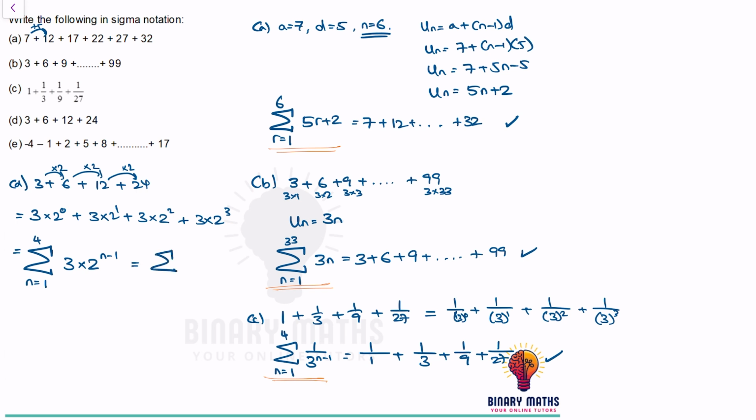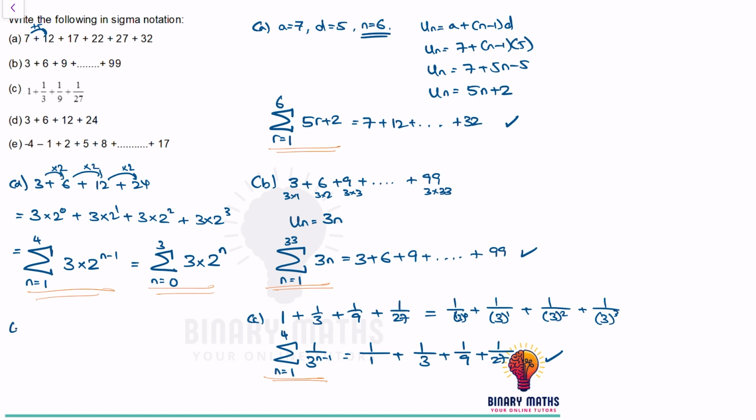Same thing as writing 3 times 2 to the power of n, where n goes from 0 to 3. Because then I get 3 times 2 to the power of 0, which is the same thing as the first term. And the last term will be 3 times 2 to the power of 3, which is the last term. So it's the same thing. So if you adjust the expression, you have to adjust your upper and lower limit on your summation. So you can have this as an answer or this as an answer.